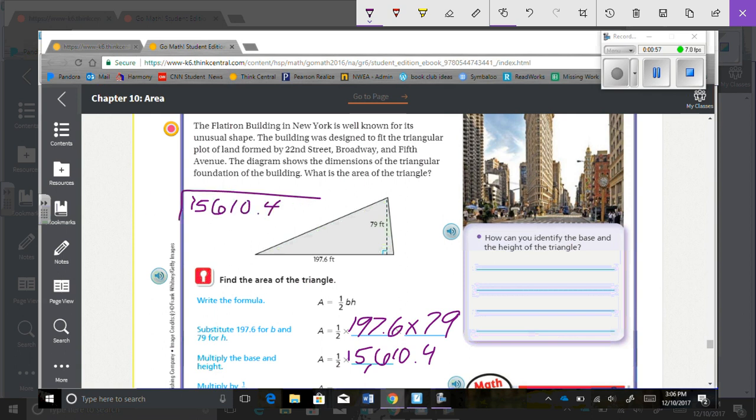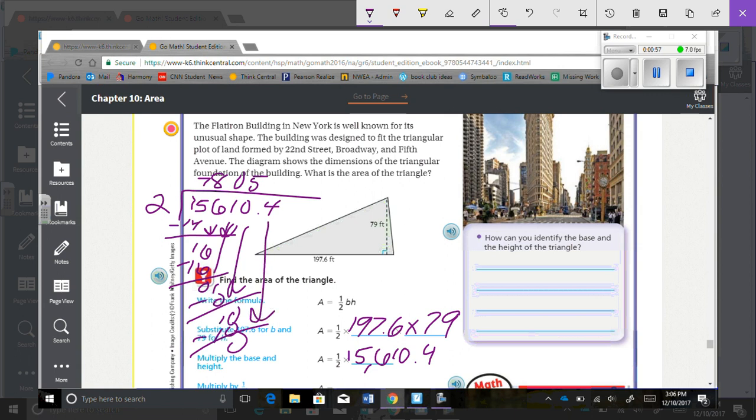I'm just going to take 15610.4 divided by 2. It goes into 15 7 times. So 16, you get 8, which is 16, 0, all the way down, 1, so it does not go into that evenly. 10, 5, minus 10, 0. Bring down the 4.